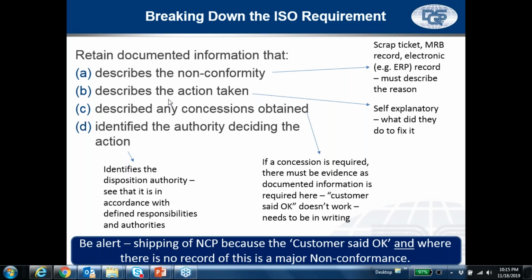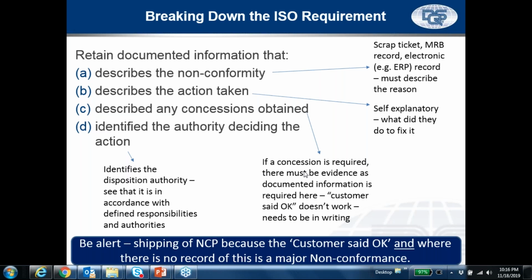The records need to describe the action taken. That's pretty self-explanatory. Did they scrap it? Did they rework it? Did they repair it? If they are needing any concessions, those concessions need to be obtained. And so now this is important. And those of you that do aerospace and automotive and some of the specialty programs will be like, yeah, Dave, I know, you're telling me something I already know, but I'm going to show you evidence of inconsistency.